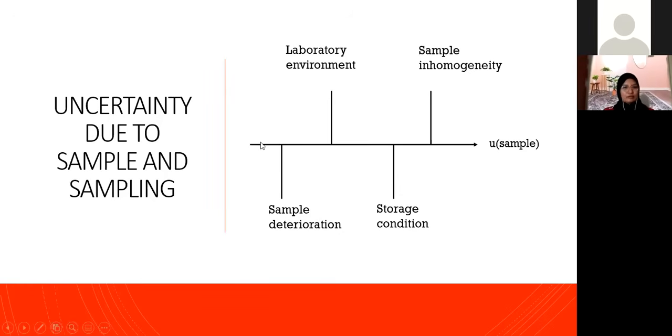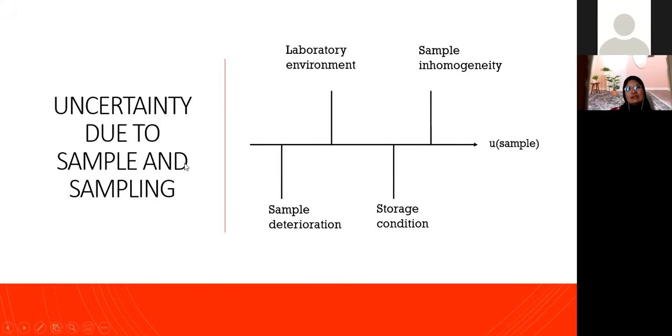Okay, so come to the fishbone. This is how we identify the sources of uncertainty, for example uncertainty due to sample and sampling. So we draw the fishbone. We draw the straight line, and here is your sample, or measurand. Then we consider the factors of uncertainty.